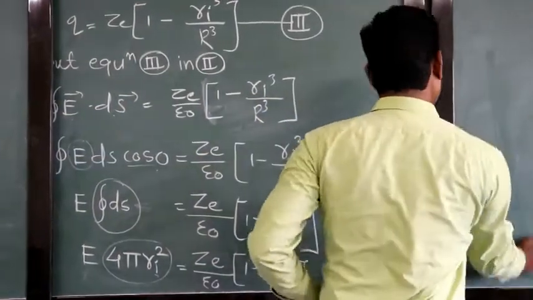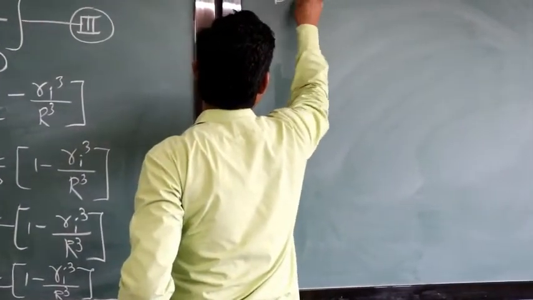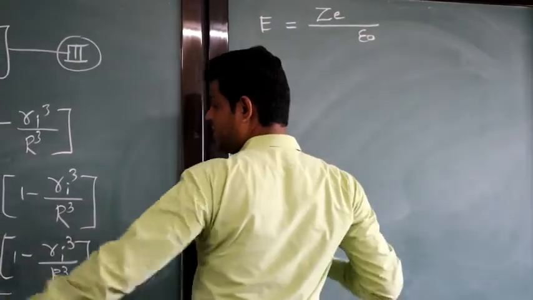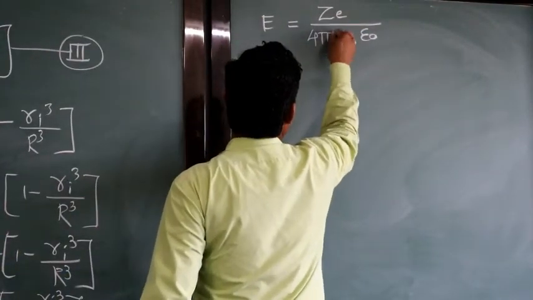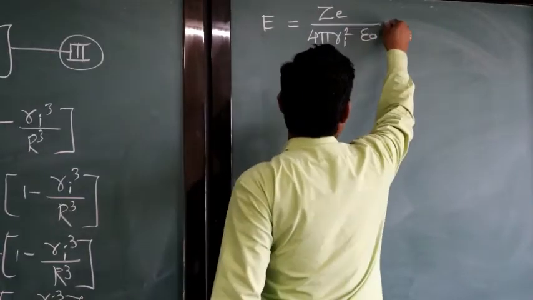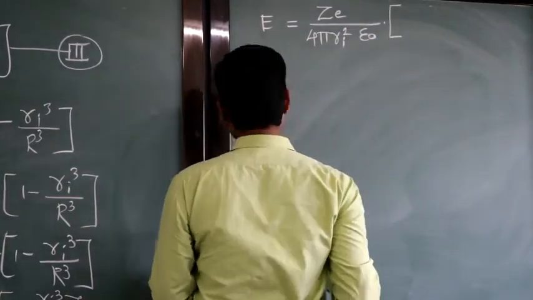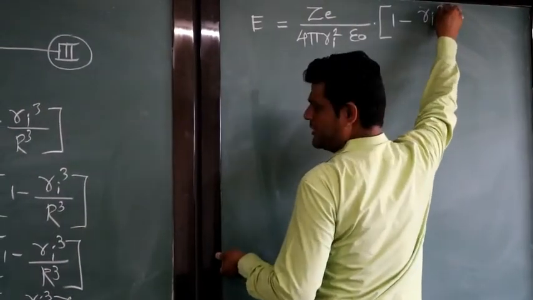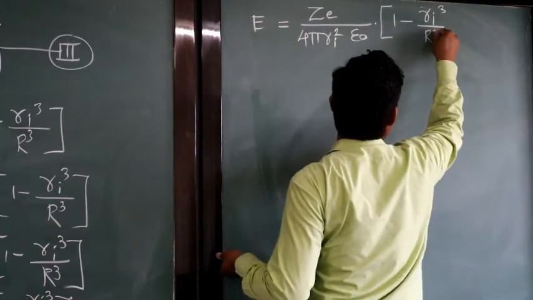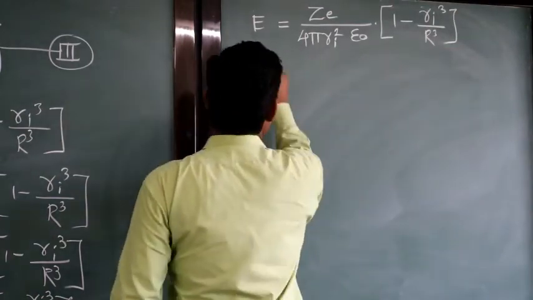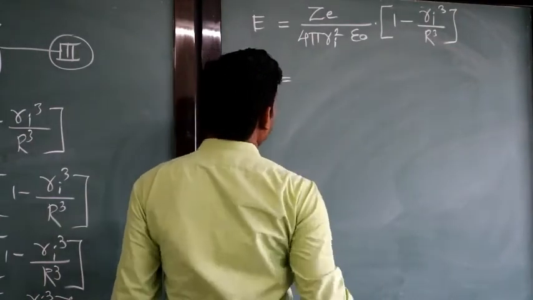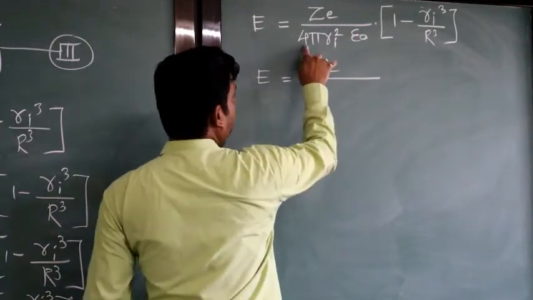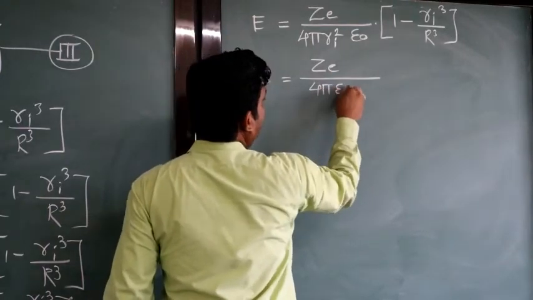Writing again on the next board, E remains as it is, Ze divided by epsilon 0, and 4 pi ri square, into 1 minus ri cube over R cube. So E equals Ze divided by 4 pi epsilon 0.